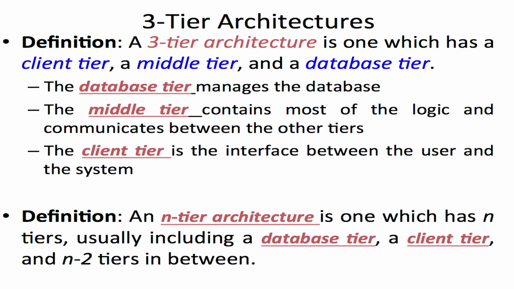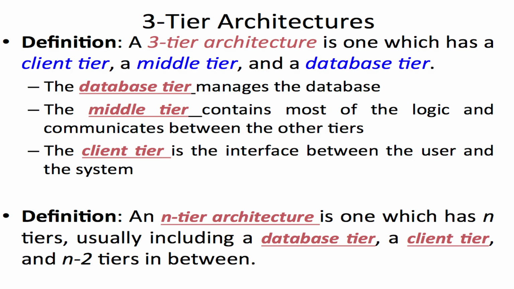So the definition of this 3-tier technology, you can see here: the 3-tier architecture is one which has a client tier, a middle tier, and a database tier. So see in the previous diagram, the middle tier is the web server, tier 2 is the middle tier, the first tier is the web client, and the last tier is the order fulfilling and payment processing system, or the catalog database and database management software.